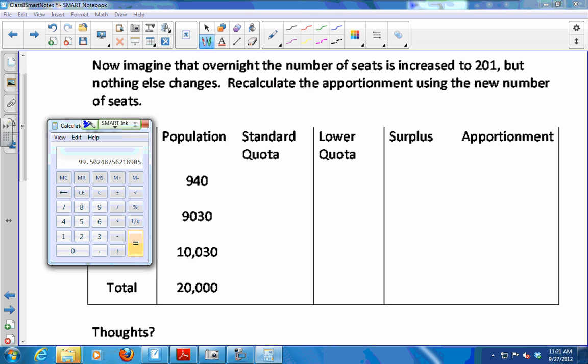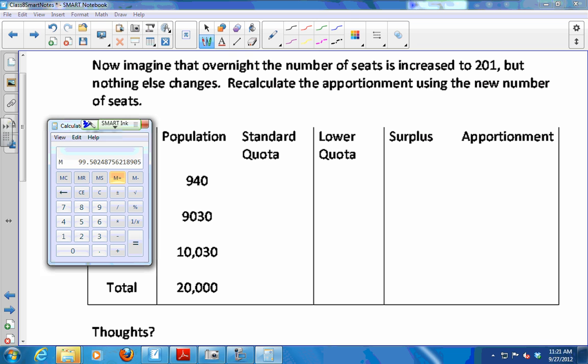A nice little trick is to have your calculator remember this number instead of having to type in the decimal over and over. If you have a standard little calculator like this, there's usually an M+ button, which means memory. Add it to the memory. And if you have a graphing calculator or a fancier scientific calculator, there's usually a store button, like STO for store.